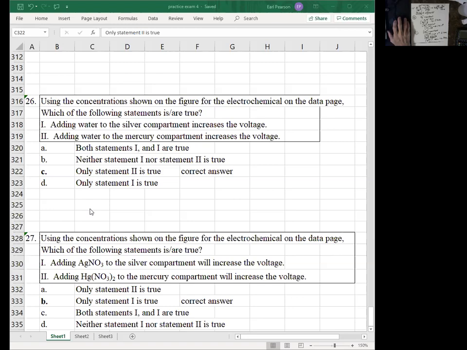But if the voltage is not positive, write the reaction down reversed, and then answer the rest of the questions, because it changes everything. It changes which electrode is positive and which one's negative. It changes which electrode is the anode and which one's the cathode. It changes the direction of the electron flow in the wire. It changes the direction of the ion flow inside the salt bridge. So all of those answers will be wrong if you didn't take that sign into account.